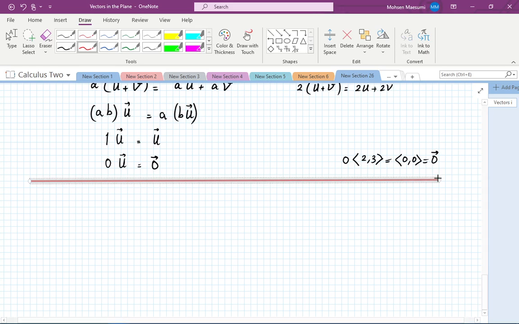Let's go ahead and list some other properties of vectors. If I have a vector, double it and then find the length of it, what do you think I'm going to get? Well, I'm going to get the same thing as if I take the length of the vector and then double it later. So that's not a big surprise.